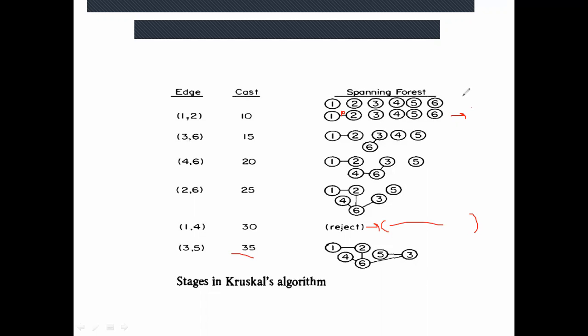But one more thing is there, that you need to write down the minimum cost with every step. Keep finding the minimum cost, and at the end you have to write the minimum cost. You can do one thing: after 3, 5, once all the vertices are added and all are connected, you don't need to consider all other edges, because if you try to add any other edge, what will happen? A cycle will be created.